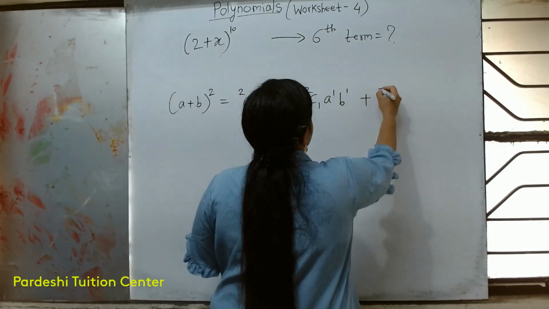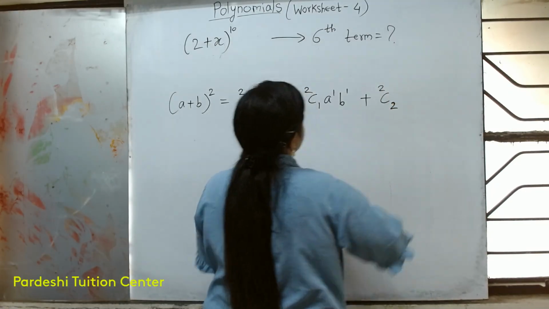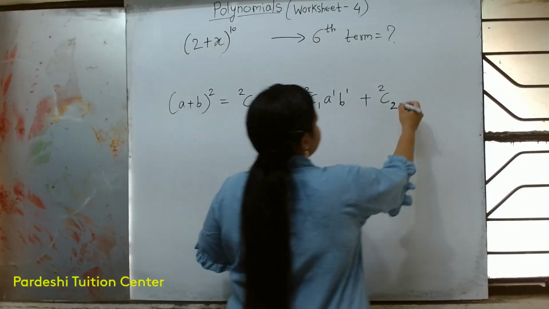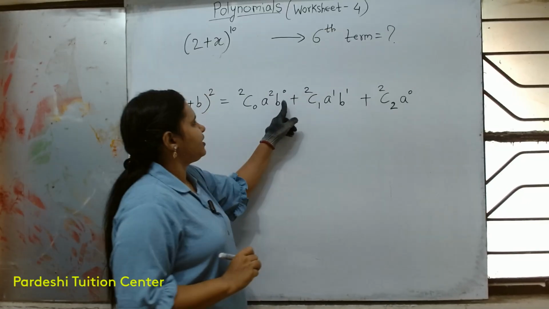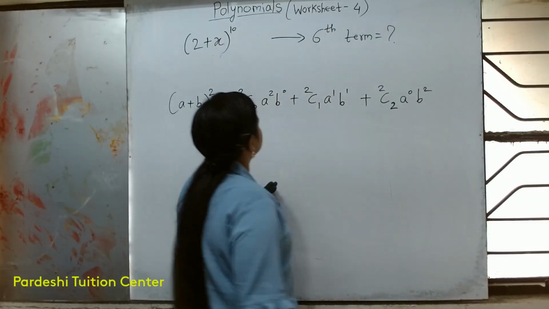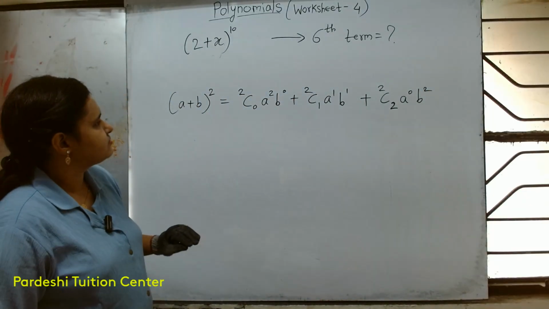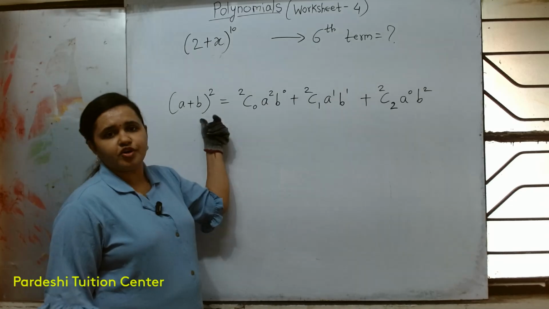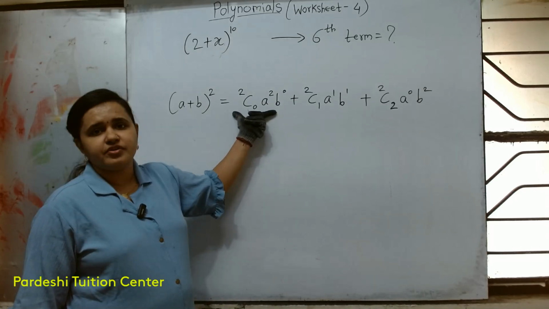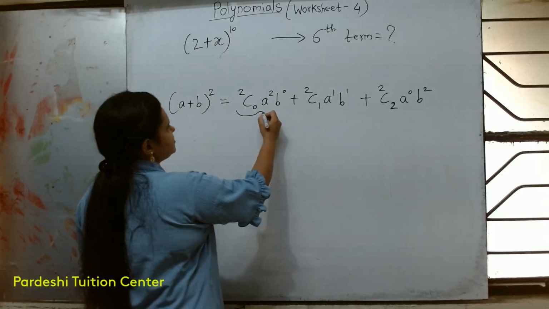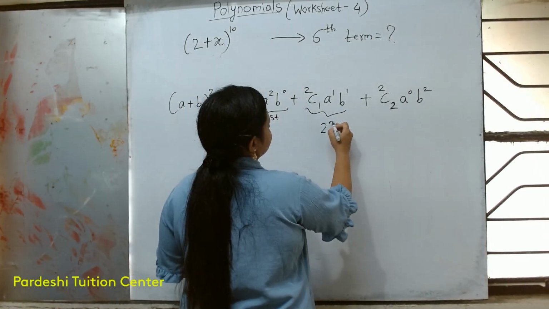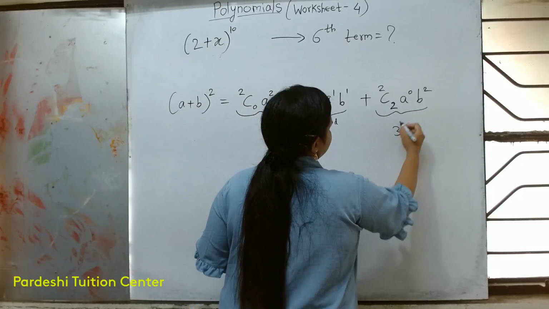Now plus 2C2, a to the power 0 and b to the power 2. Okay, it was the formula for (a plus b) whole square. Now see here, what was the first term? It is the first term, it was the second term, and it is the third term.